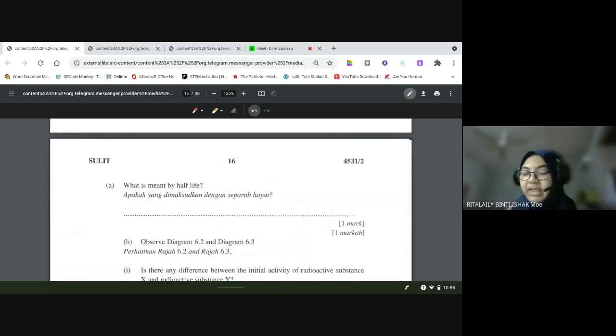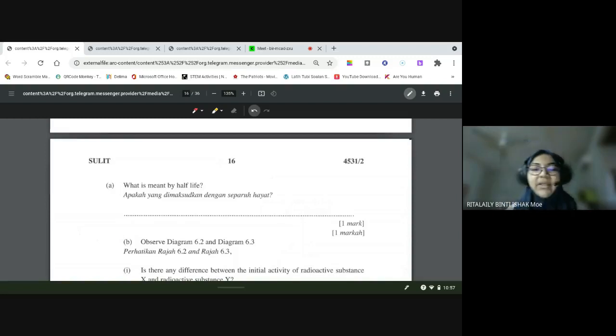Mesti ada perkataan time taken, mesti ada half of its original activity or half of its original mass or half of its original number of nuclei. Kat sini tu number of nuclei.